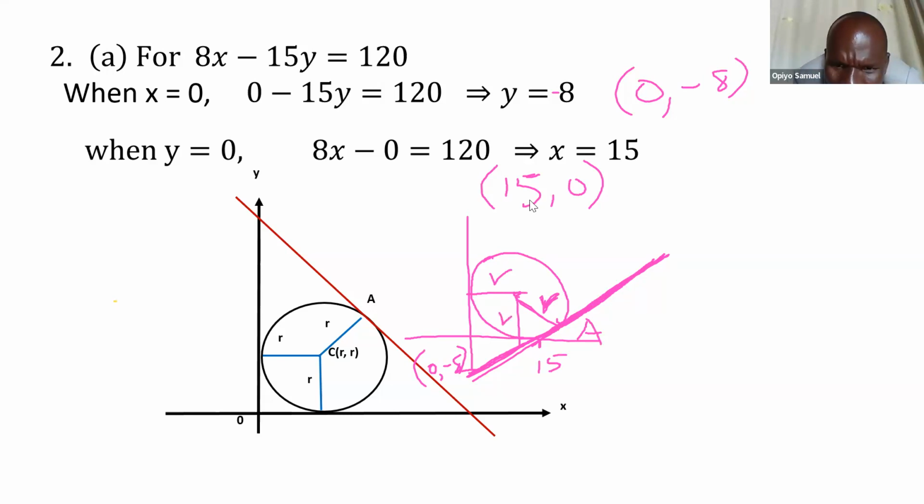Now you can see the distance from the origin until this point where it touches the y-axis is r. It means r becomes the y coordinate of the center C. Similarly, the distance from the origin until this point is r, meaning the x coordinate is also r. So the center of this circle is going to be r, r.